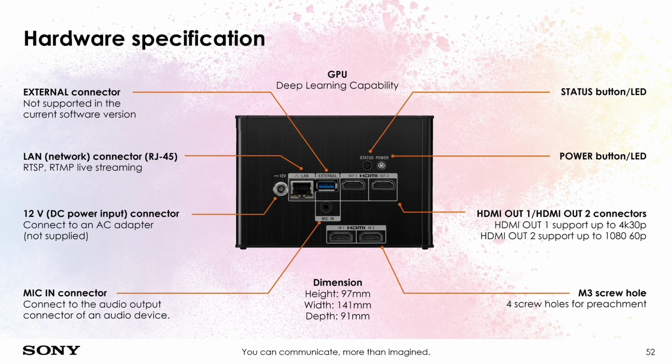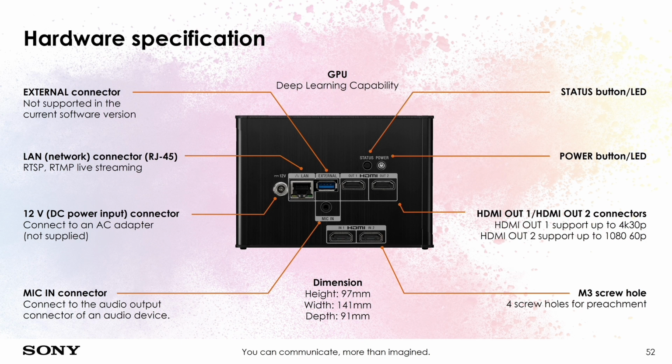This is the hardware specification. There are various connectors. Firstly, the RJ45 connector for RTSP, RTMP live streaming, and the 12-volt DC power input connector. Please be noted that the AC adapter is not supplied, so you need to purchase the AC adapter separately.